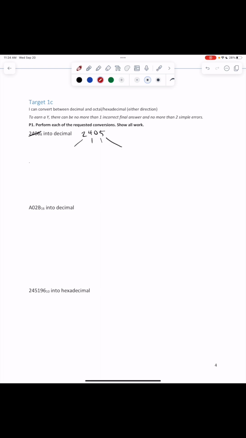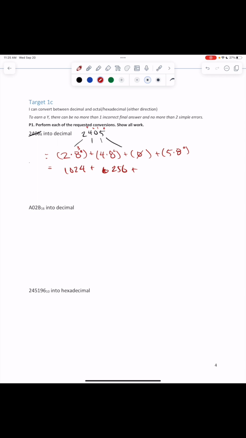I like the red ink a little bit better. So let's see, this is the 0 position, 1, 2, 3. So it would be 2 times 8, which is the base number we're coming out of, and then to the power, plus 8 to the 2 times 4 is 256, and then plus 8 to the 0, of course, is 1.